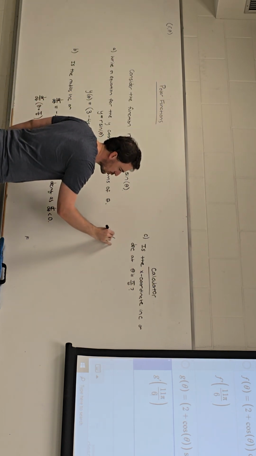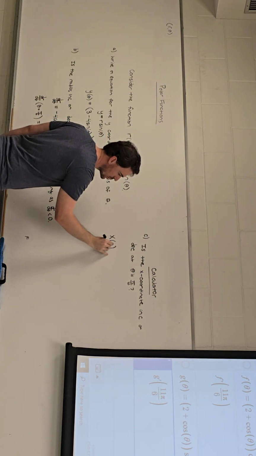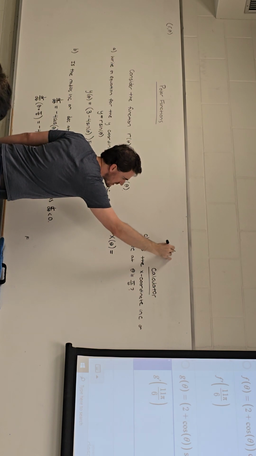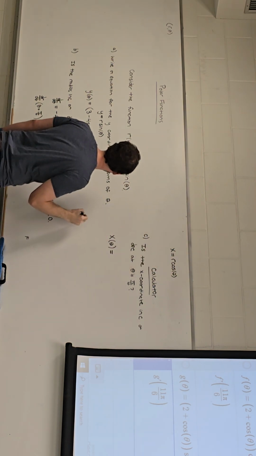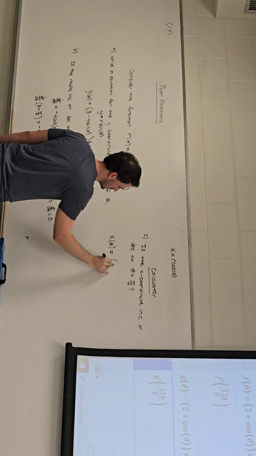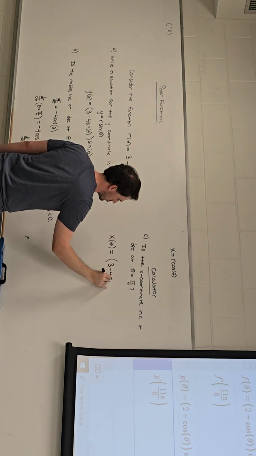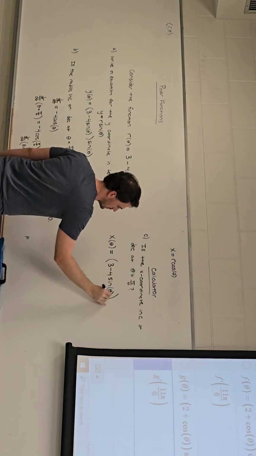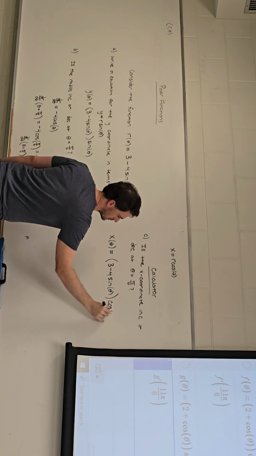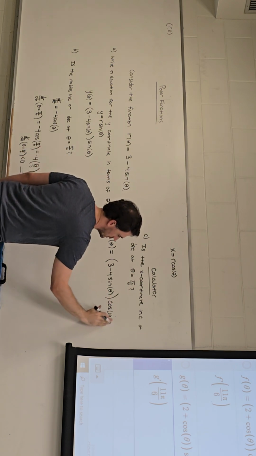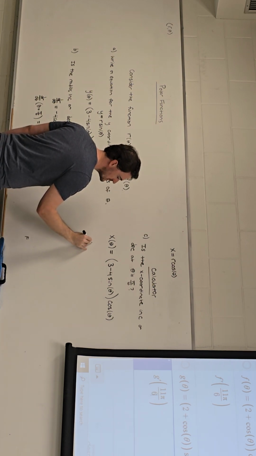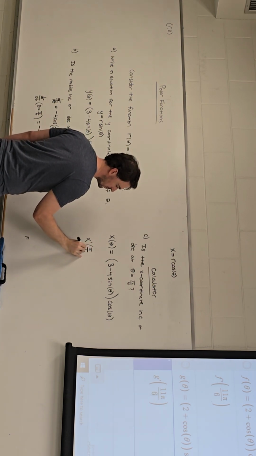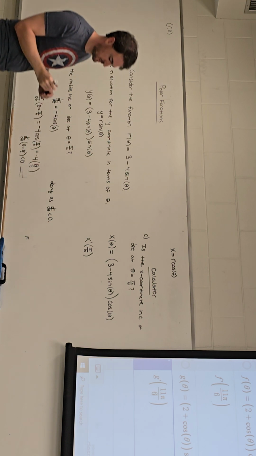First, I'm going to write an equation for the x-coordinate, just remembering that x equals r cosine theta. So I want x prime of pi over 6.